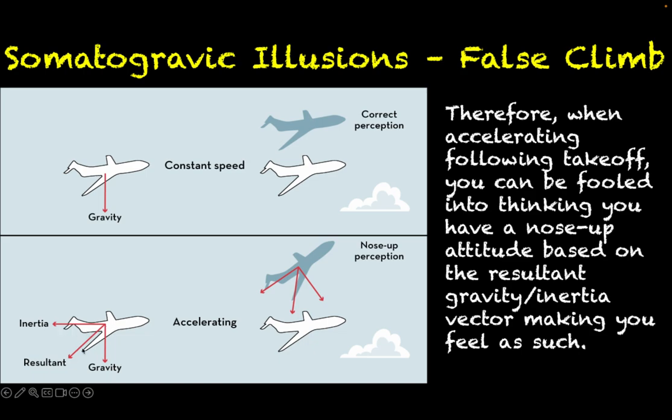If you split the difference, the overall feeling is that you're being pulled back at this angle back here, which is going to make you feel like the nose of the airplane is up, even though it actually is not. So if gravity is pulling you back at about 30 degrees, pointed down that way, you're going to feel like you're accelerating upward, which will make you think that your nose is up, even though it actually is not.